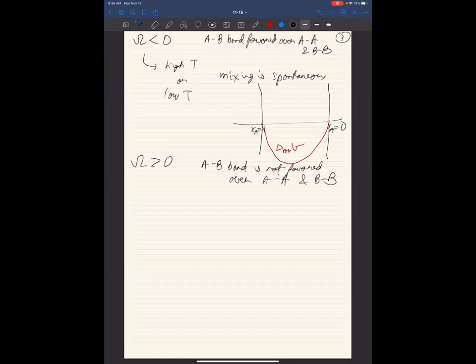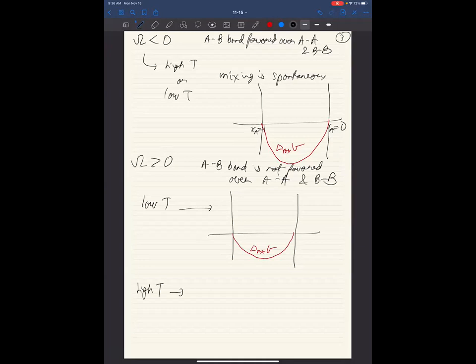So in this case, if your temperature is low, entropy doesn't really matter. And once again, you get a curve that looks something like this. But if you had high temperature, then you start to get a competition.